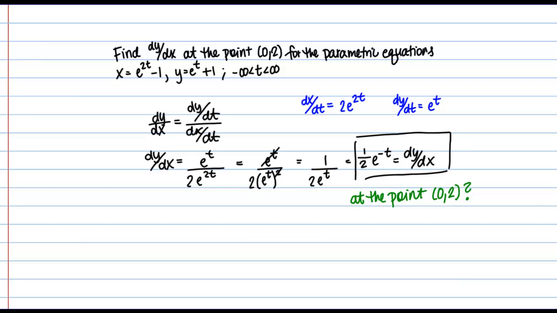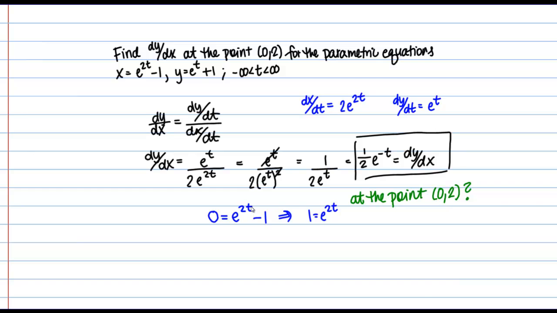Basically, I can just solve 0 = e^(2t) - 1, right? I'm just taking my x expression from up here and setting it equal to 0, since I'm interested in the point where x equals 0. And then I'm going to solve for the corresponding t value. So here I get 1 = e^(2t).